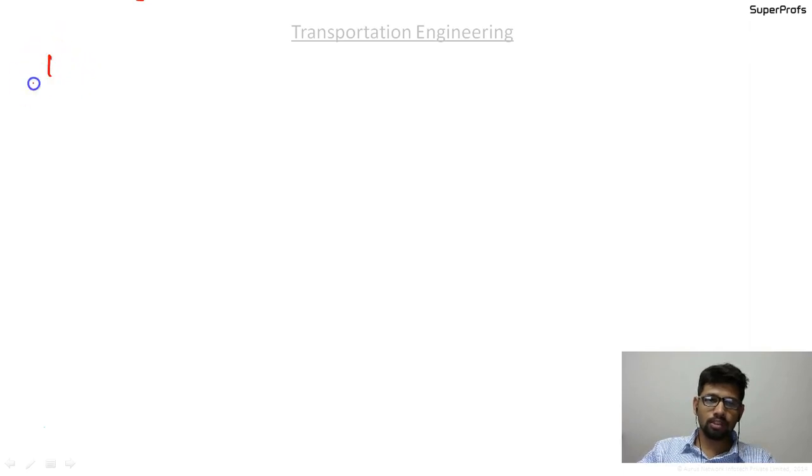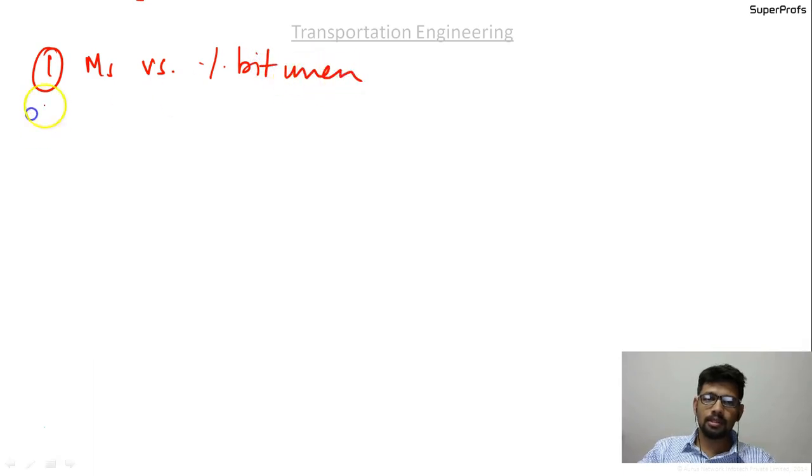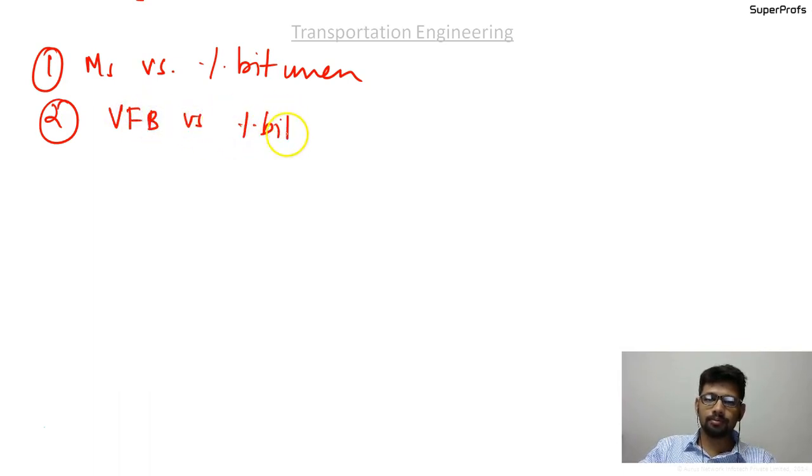The first graph that we draw is between the Marshall stability value versus the percentage bitumen. The second one is voids filled with bitumen versus the percentage bitumen. It is percentage voids filled with bitumen.